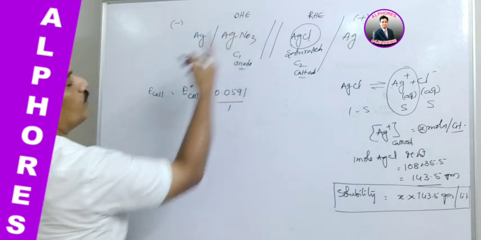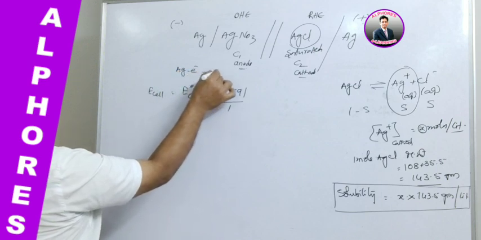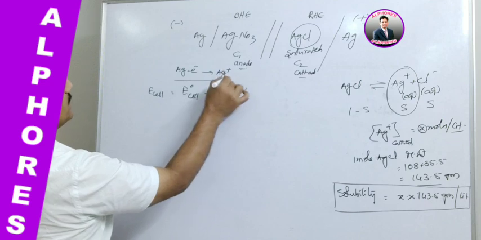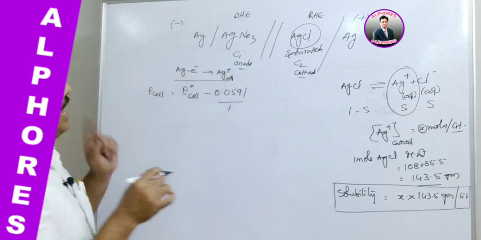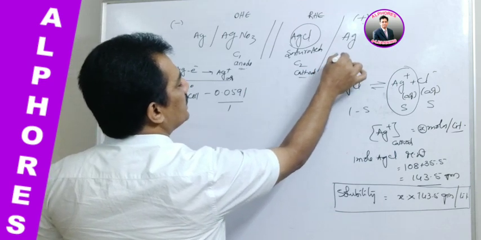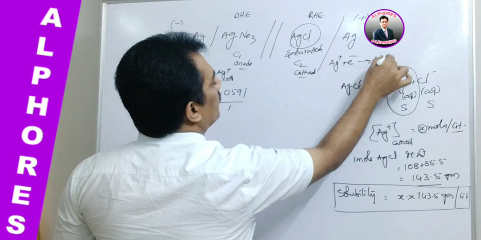Here at the anode, Ag releases an electron and becomes Ag+, that is oxidation, and it is aqueous. And at the cathode, reduction: Ag+ by taking an electron will reduce into silver.